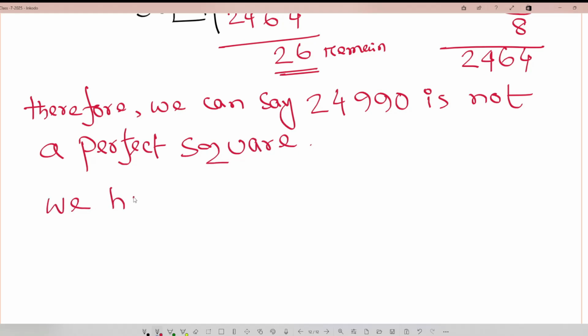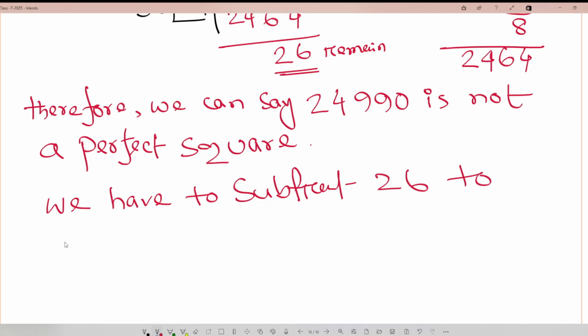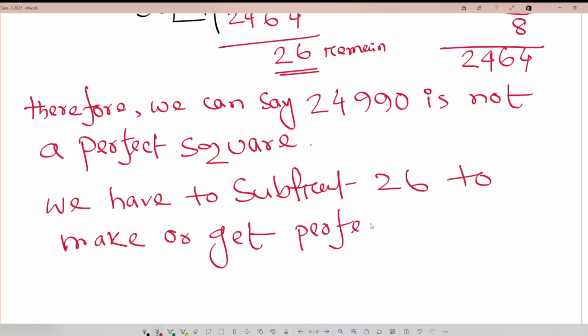We have to subtract 26 to get a perfect square.